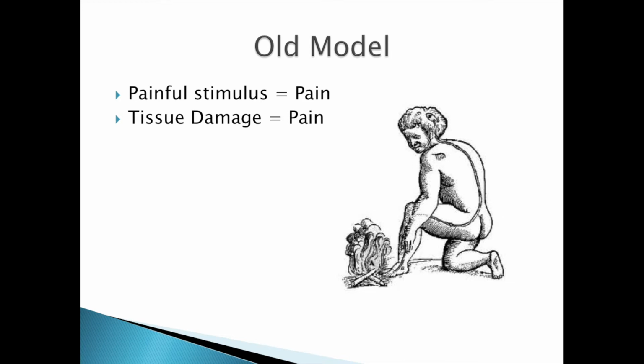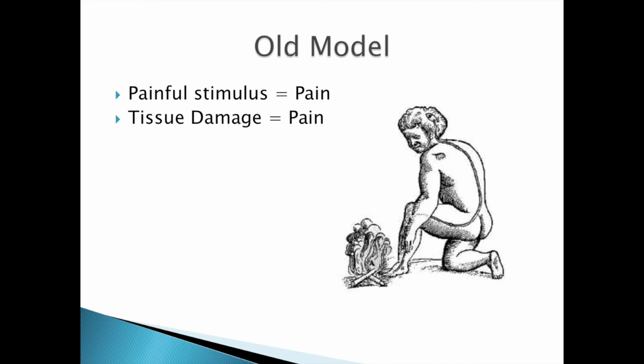So we thought that tissue damage and the level of tissue damage, if you imagine a scale of 1 to 10, if the tissue damage was 1, the pain would relate to 1, and if the tissue damage was 10, then the pain would relate to 10. Now, we know that this isn't quite right.